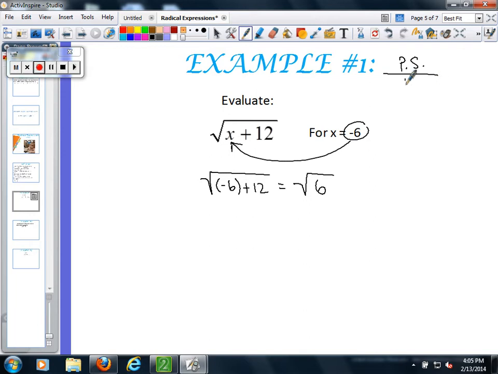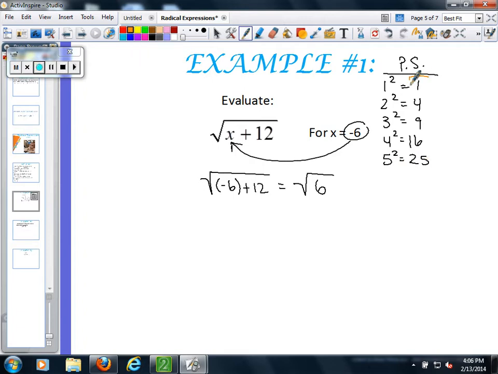Perfect squares would be 1 squared is 1. I'll write this out slightly differently so it might help you. 1 squared is 1, 2 squared is 4, 3 squared is 9, 4 squared is 16, 5 squared is 25.